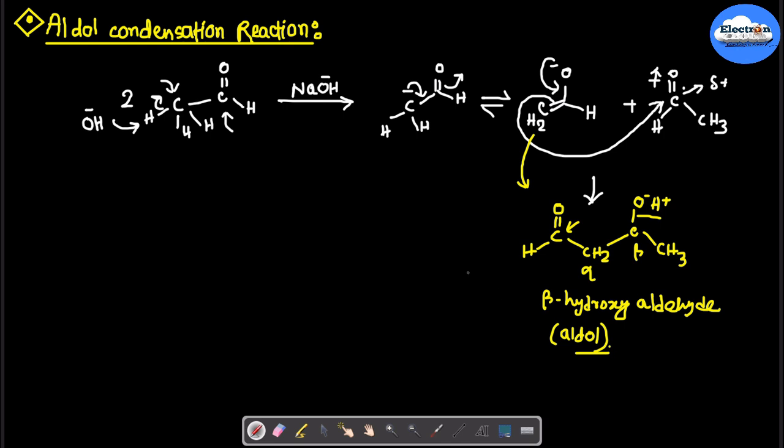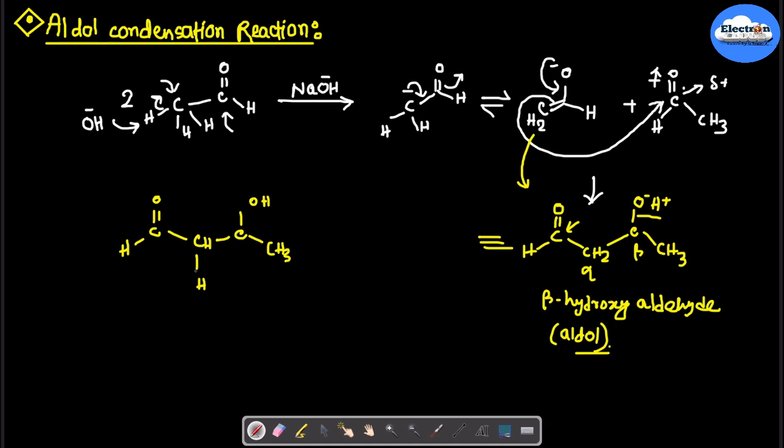Now if we write this compound again, we can write C=O, here H, then CH, and below, H attached to C-OH, and this carbon attached to a methyl group, that is CH3.